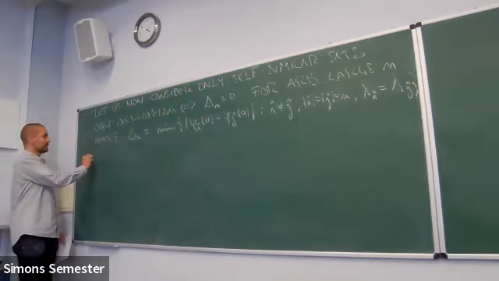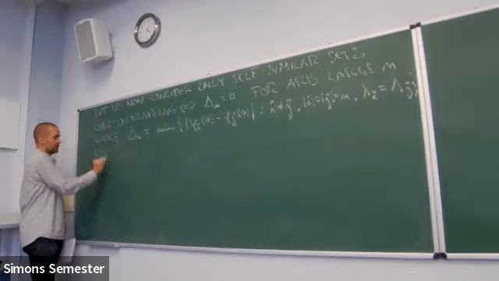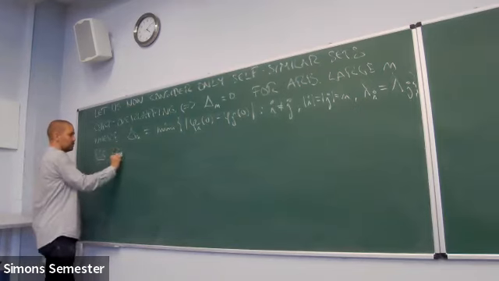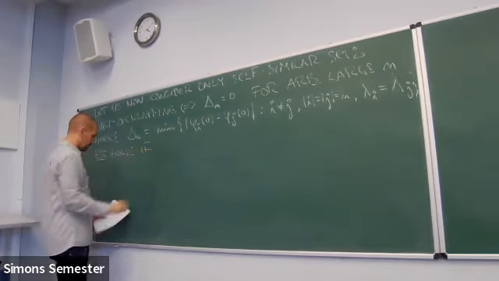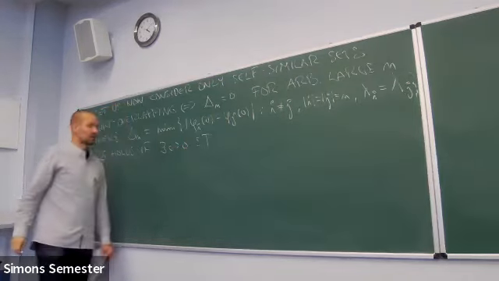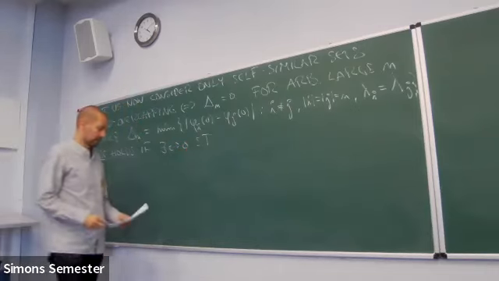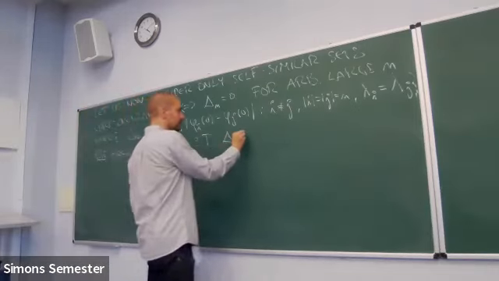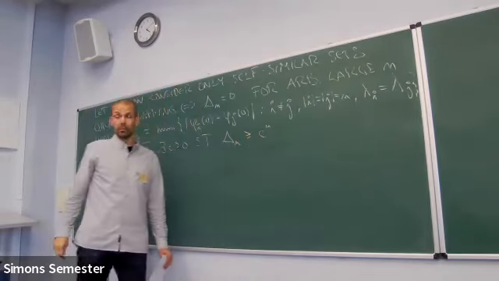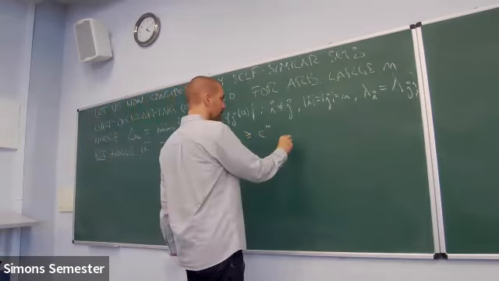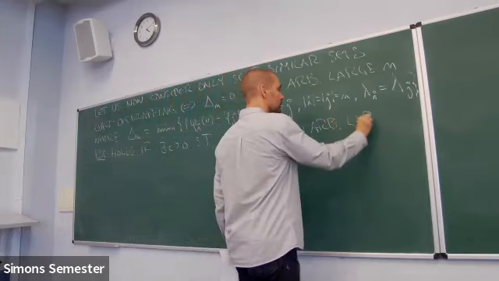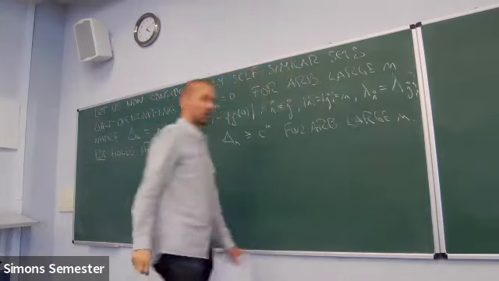Okay, and then we say that the exponential separation condition holds if there exists some number c so that this delta n is bounded below by c to the power n, again for arbitrarily large n.